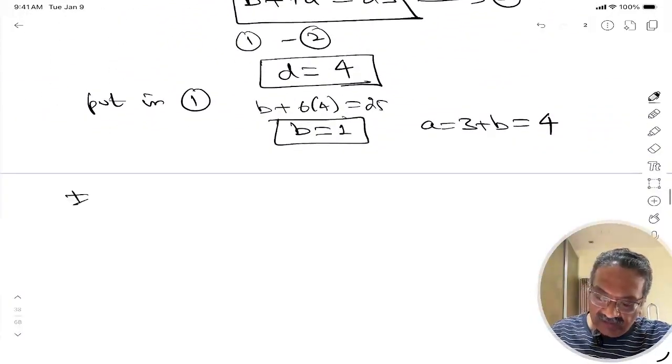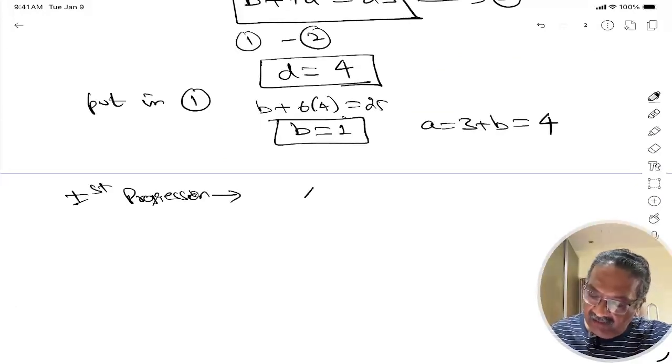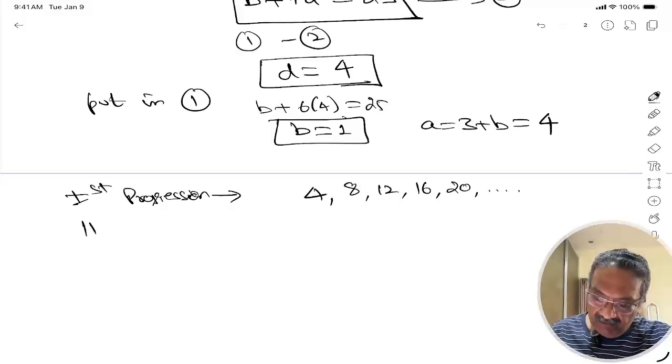So the first progression will be A is 4 comma 4 plus D. D is 4, so 8, 12, 16, 20, 24, 28, 32 and so on.